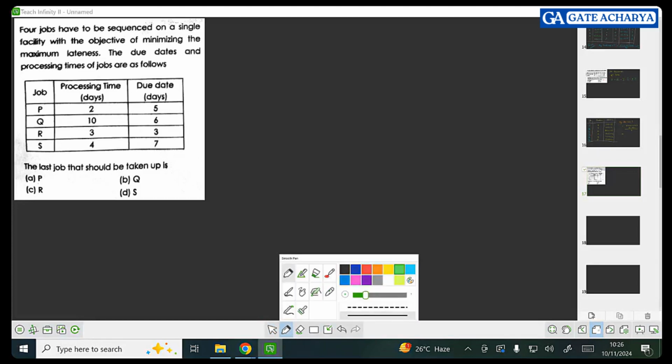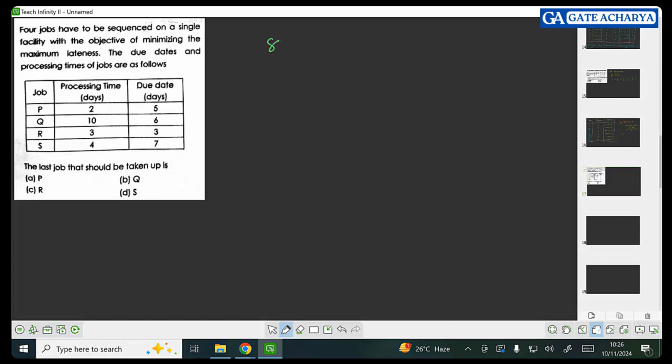Here we need to decide whether it is the SPT rule or the EDD rule. How can you decide? I told you, average flow time means SPT rule. Lateness and tardiness mean the EDD rule, earliest due date.